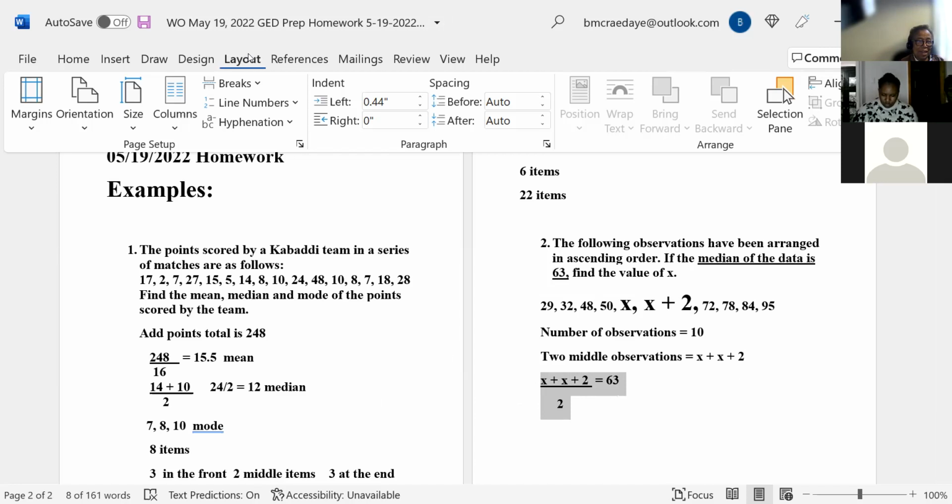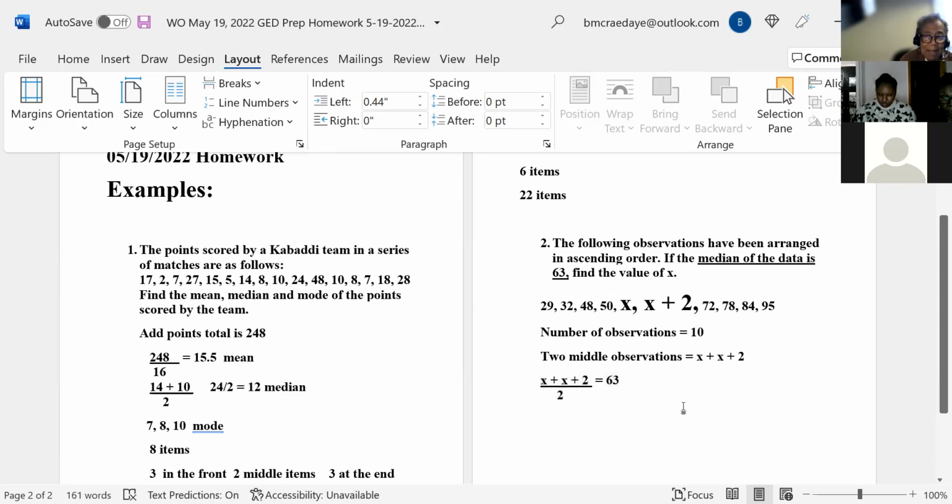We've got to calculate X, Alba, remember? But this is how we calculate X. We take our two middle numbers, X and X plus 2, divide by 2, and set it equal to the median.